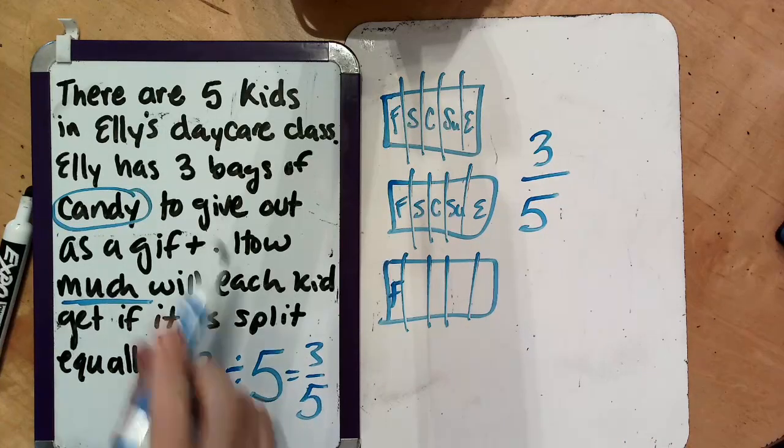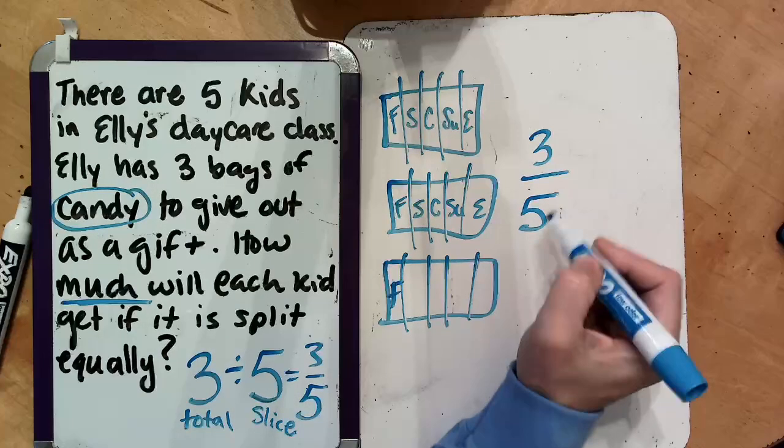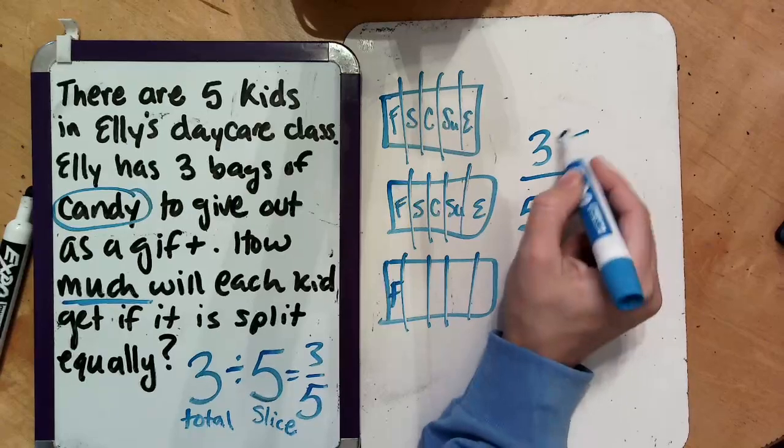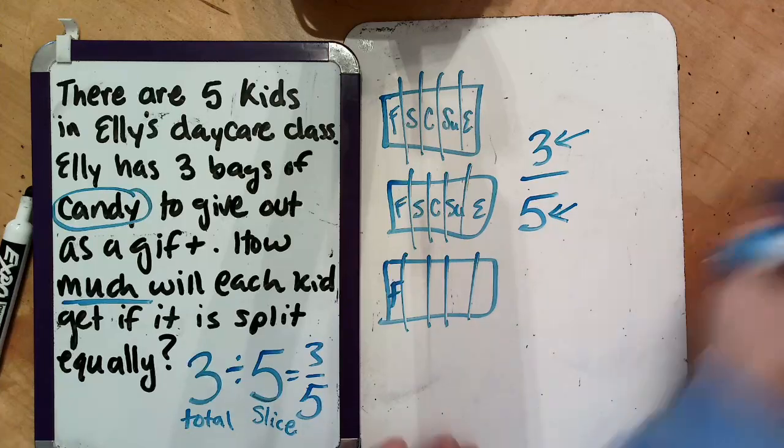So in this problem, all they need to do is figure out what our total is. In this case, this is our total. And this one right here is what we're slicing. Total slices. Total of 3 bags of candy. I'm going to split it into 5 students.